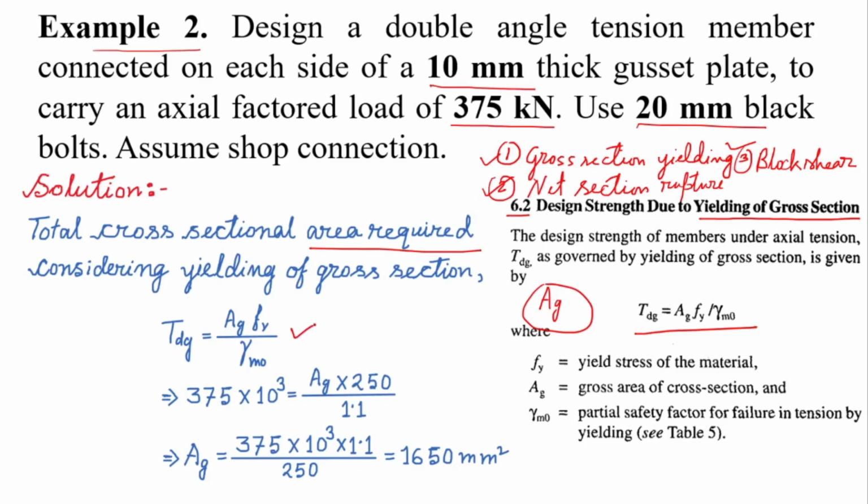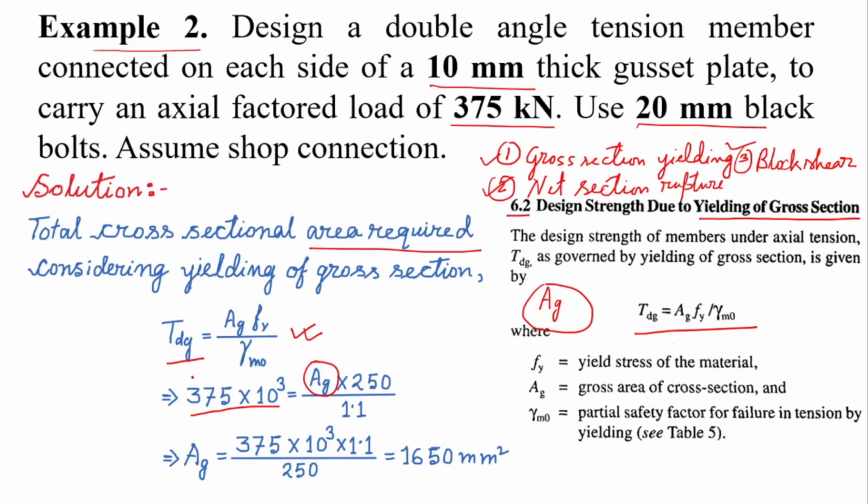So here we have written the formula, and then you will find that Tdg, which is the design strength due to yielding, is taken as 375 kilonewton, which is the given factored axial load. Why is it taken? We have assumed that the section has yielding strength 375 kilonewton, so that we can calculate the gross cross-sectional area required for the angles.